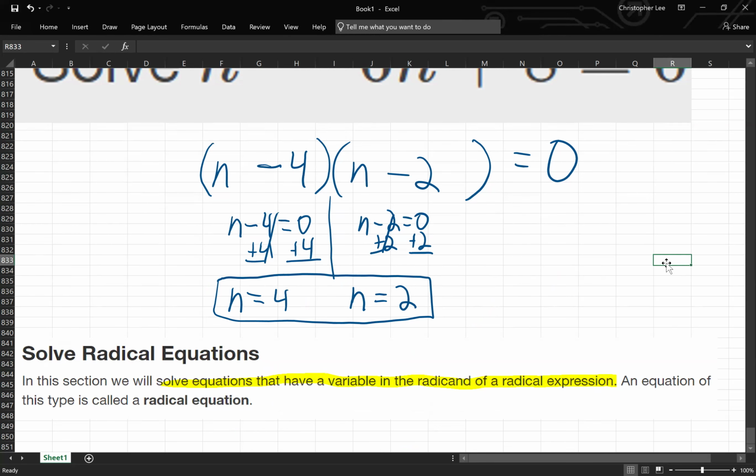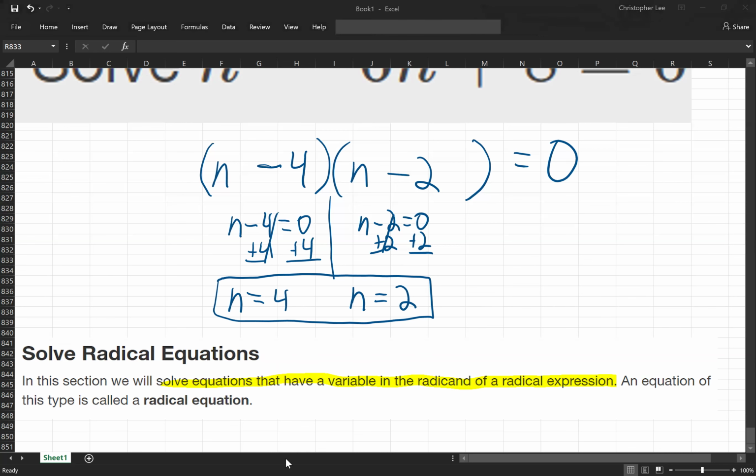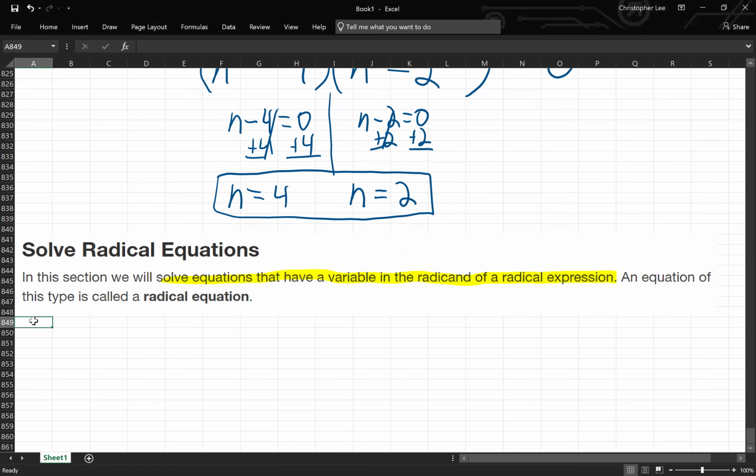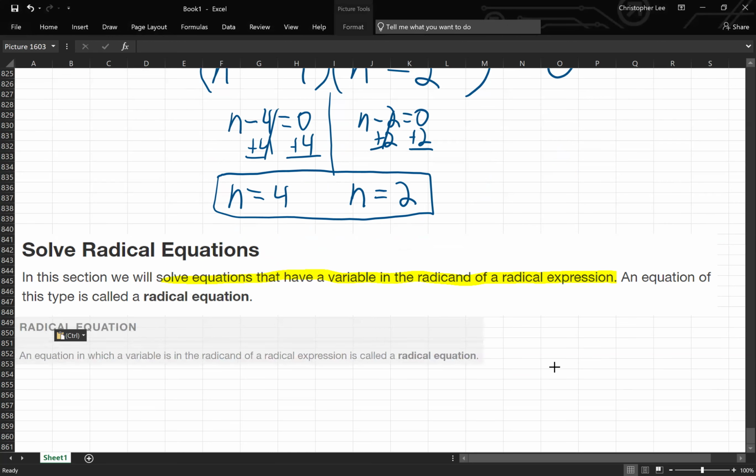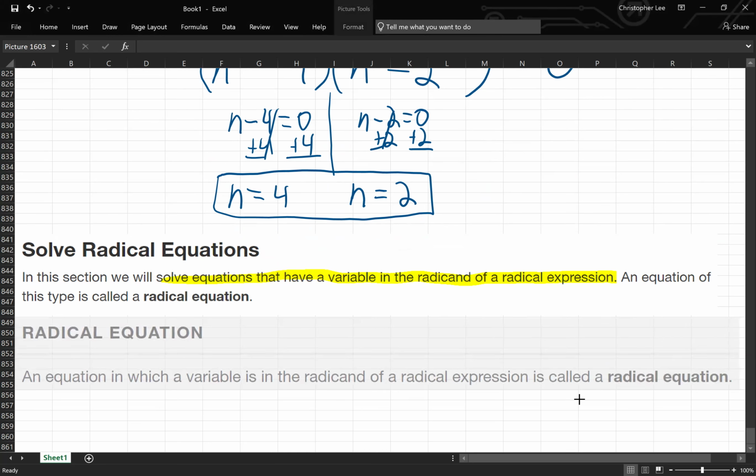An equation of this type is called a radical equation, all right? So a radical equation is an equation in which a variable is in the radicand of the radical expression.